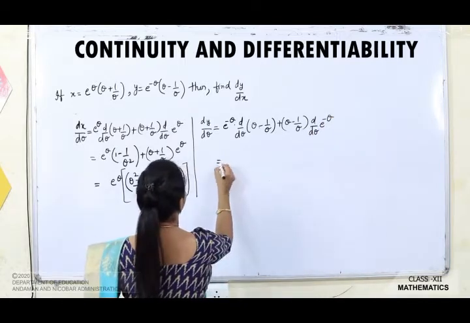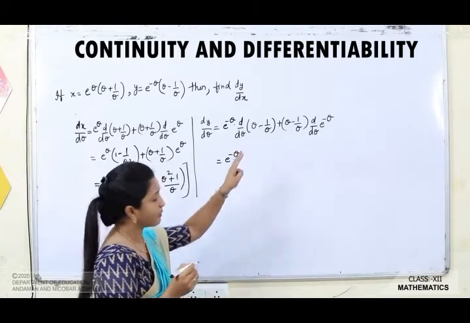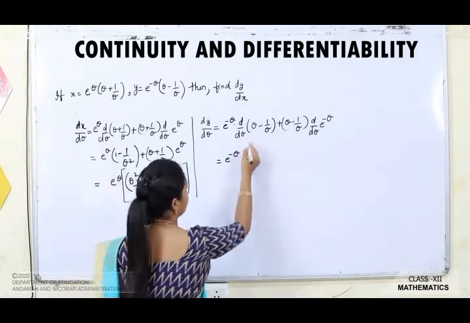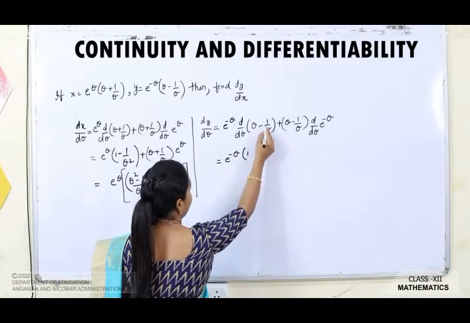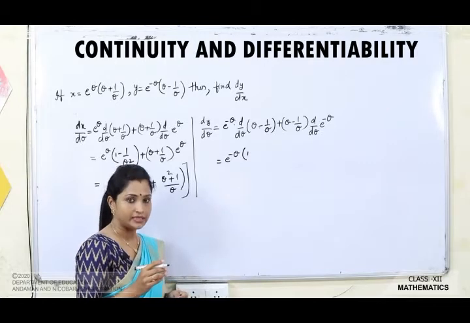So, e power minus theta, when you differentiate theta minus 1 by theta, derivative of theta is 1 and 1 by theta, the differentiation of 1 by theta is minus 1 by theta square.